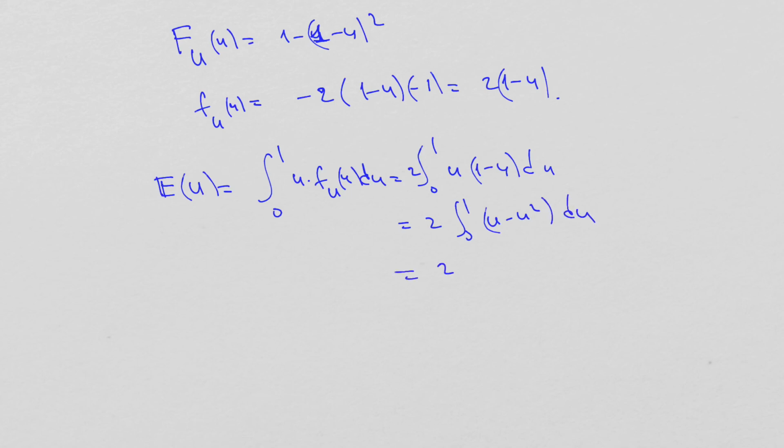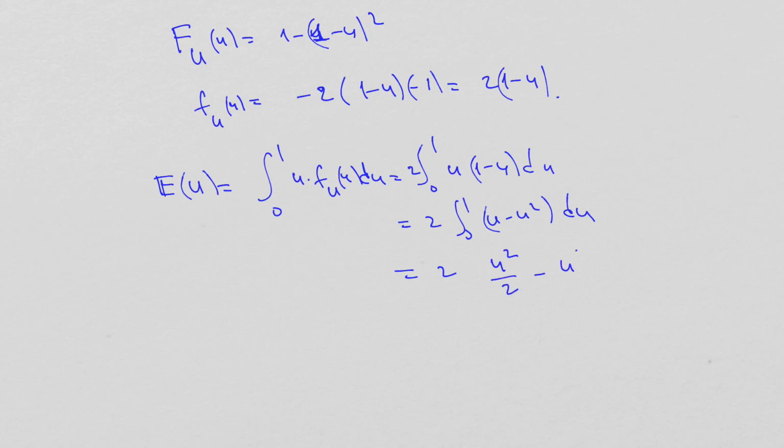This is going to be 2 times u squared divided by 2 minus u cubed divided by 3, from 0 to 1.